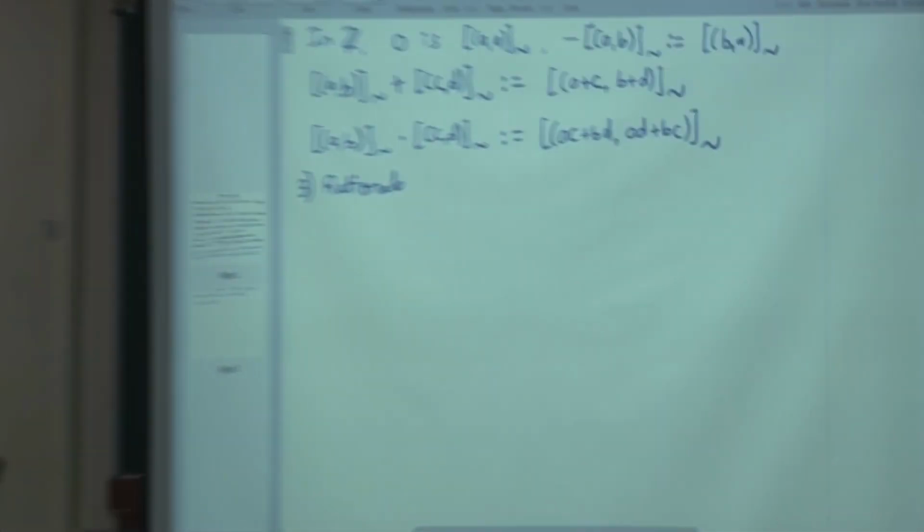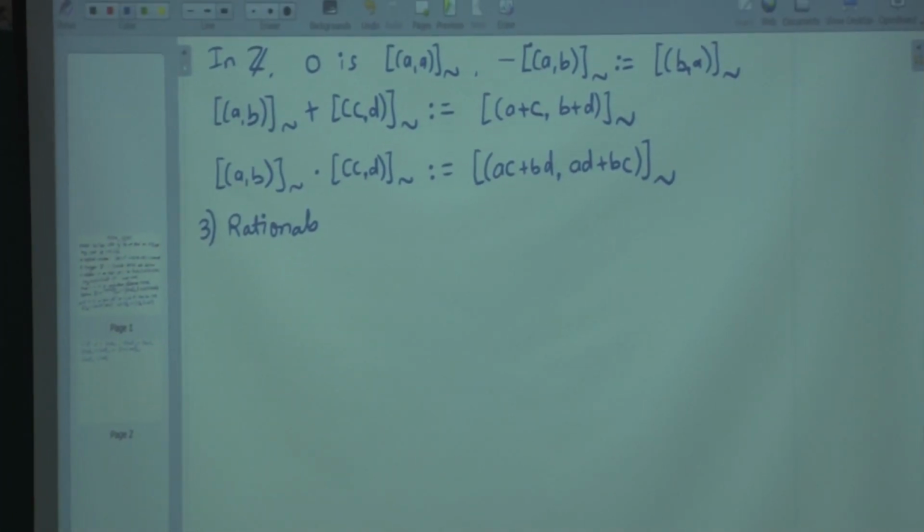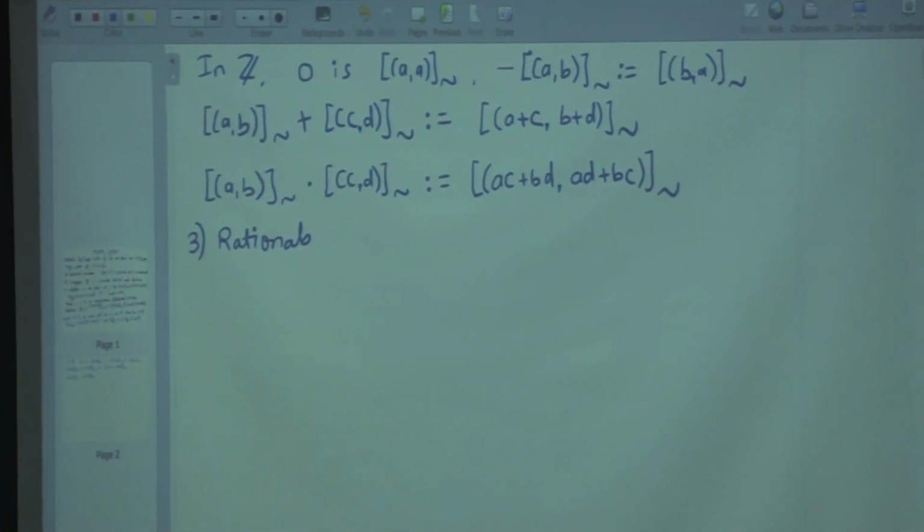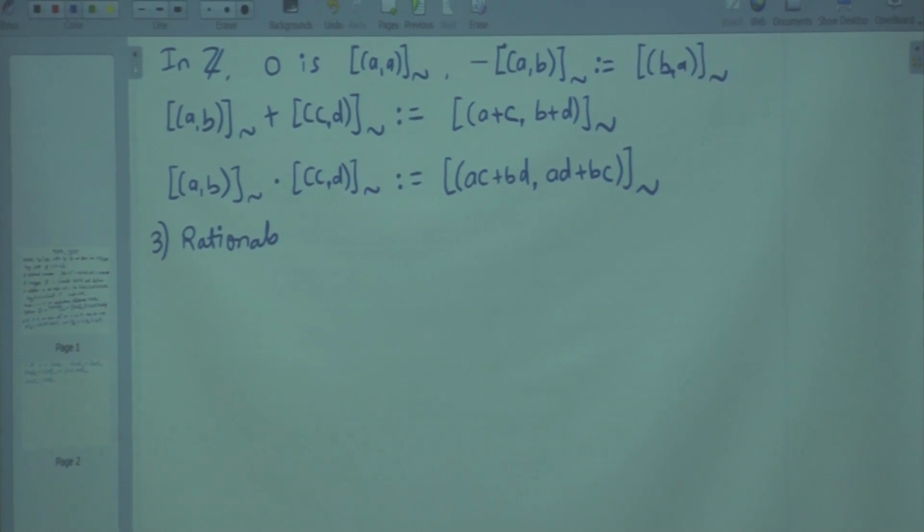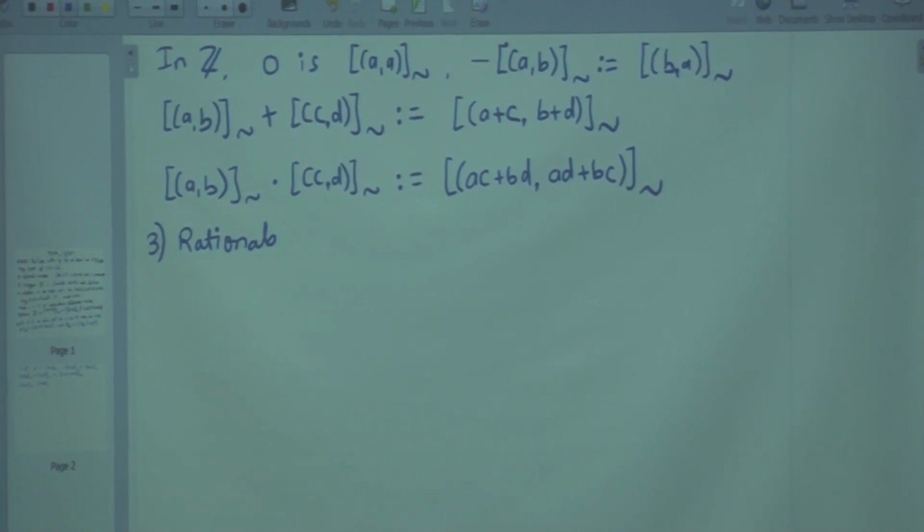Okay, so now that we have defined integers, we can also go ahead and define rationals. So how are rational numbers defined? Now can you use the same idea? Yes? a equals bc, that relation.